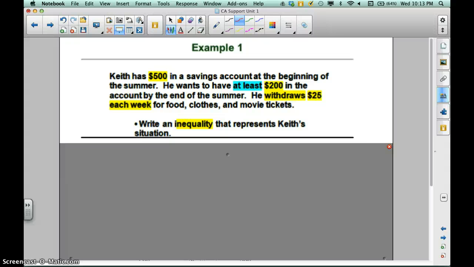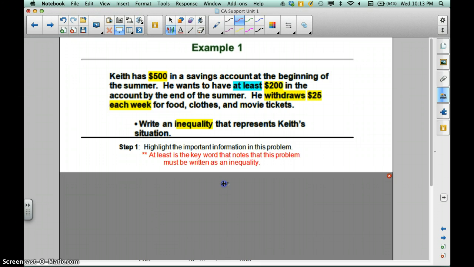The best way to start is to take your highlighter and highlight just the important things. So, at least, keywords here. Also, the words at least tell you that this is going to be an inequality problem.